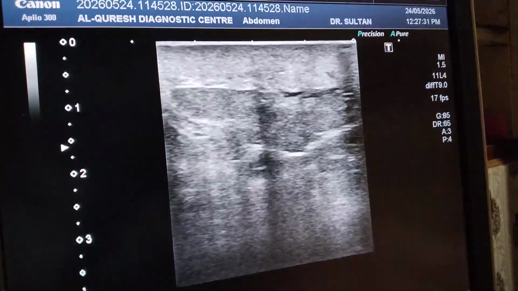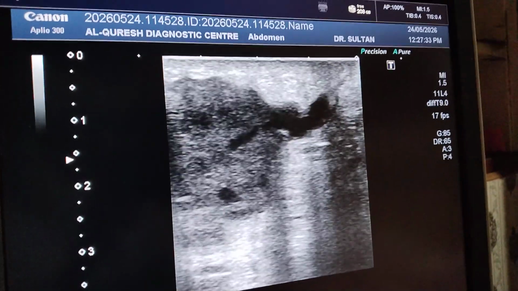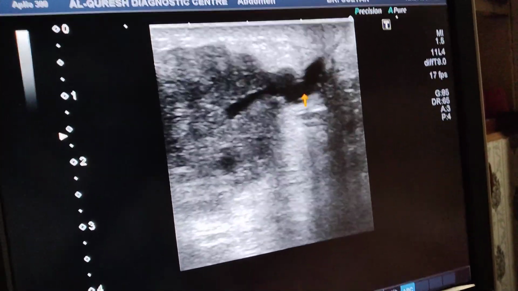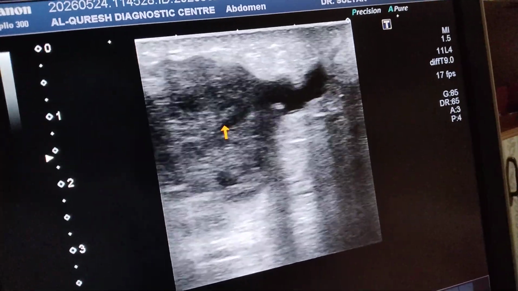So now I'm going to scan the breast again. Look here. This is a dilated duct which is entering into the mass.